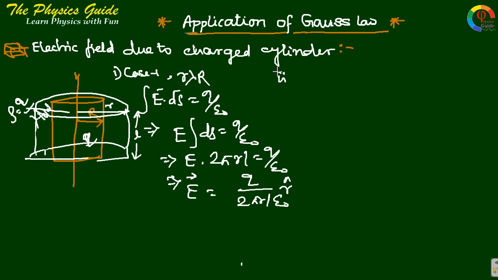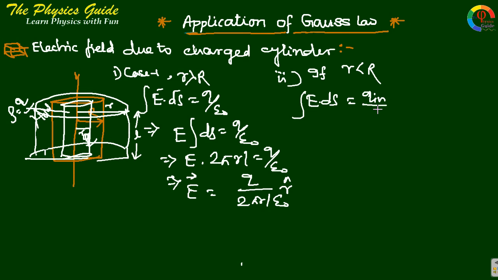For case 2, if small r is less than capital R, meaning we want to measure the electric field inside the cylinder, just draw an imaginary Gaussian cylinder inside. Then the integral of E dot ds equals q enclosed by epsilon naught.